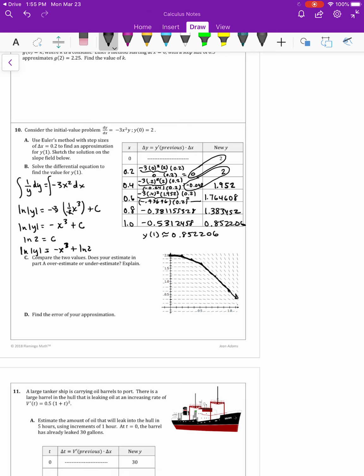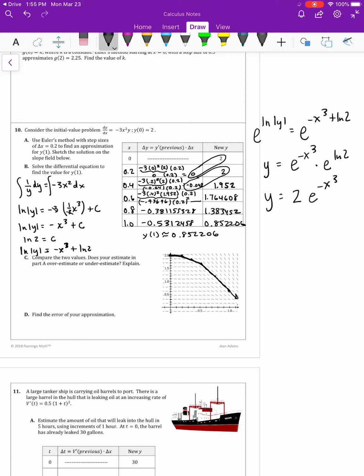And I'm just going to make that a little bit smaller and do the rest over here. So now you can take e to the power on both sides. And of course this becomes y. This becomes e to the negative x cubed times e to the ln 2.